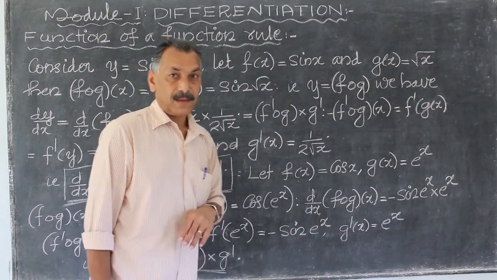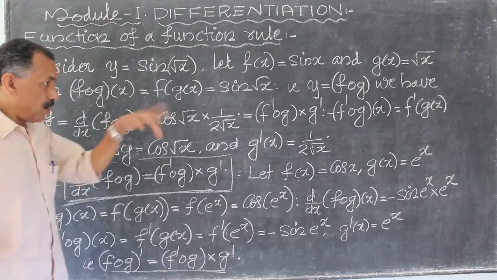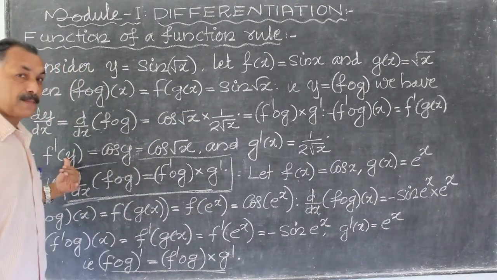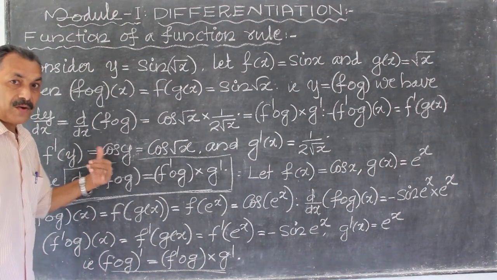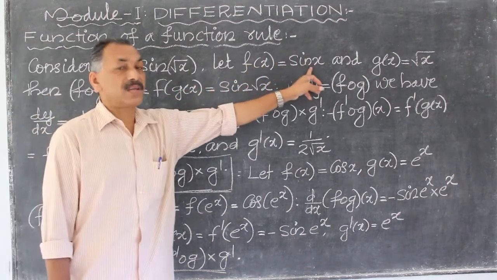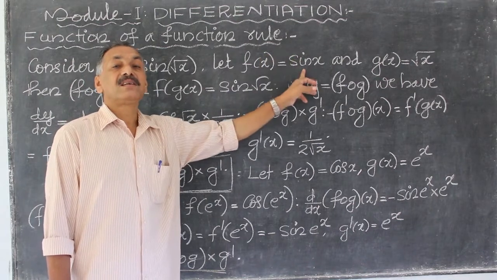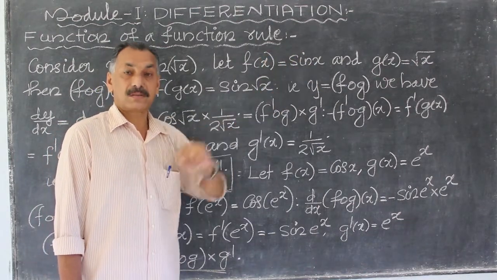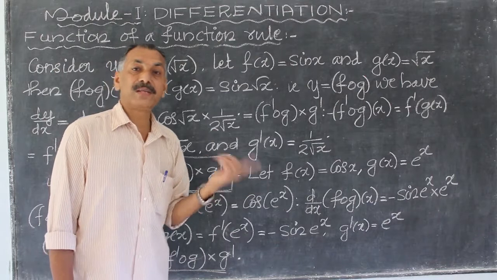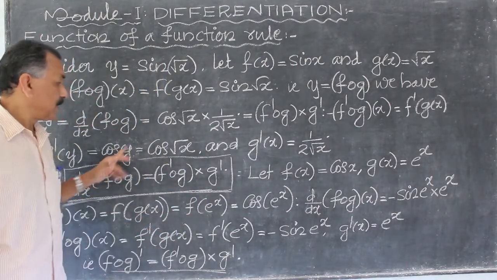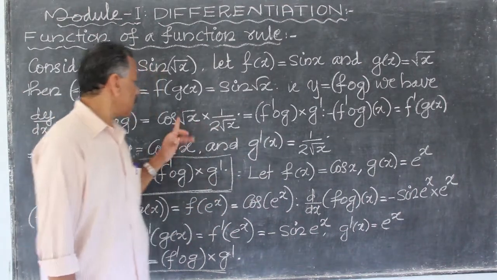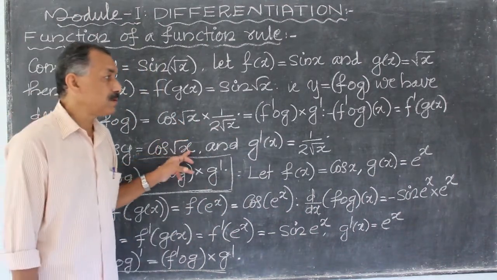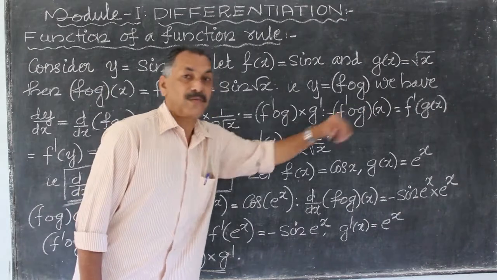What is f dash of g of x? g of x is equal to y, so f dash of y. f of x is sin x, so f dash x is the derivative of sin, which is cos. And f dash of y means cos y, that is cos root x. That means this cos root x is equal to f dash dot g of x.